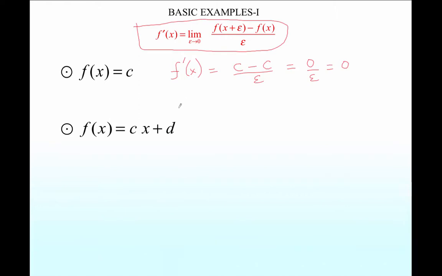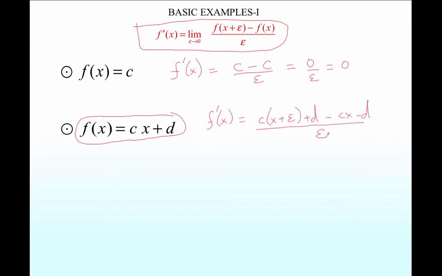Well, now let's take this straight line, f of x equals cx plus d. Here, f prime of x is going to be c of x plus epsilon plus d minus cx minus d divided by epsilon.